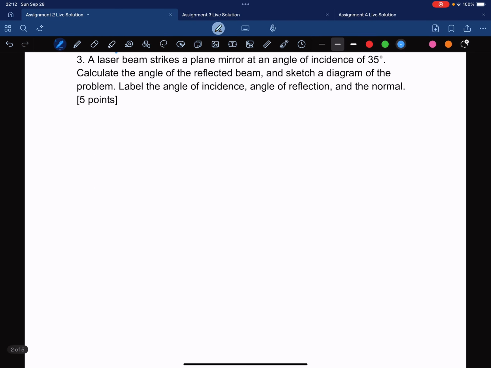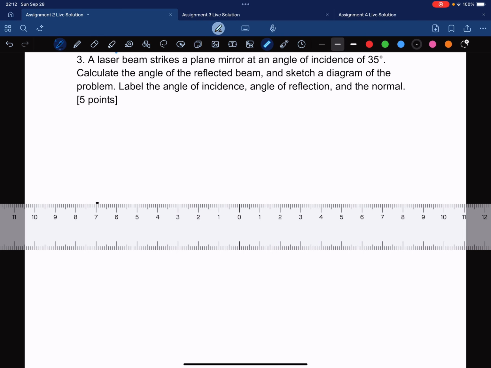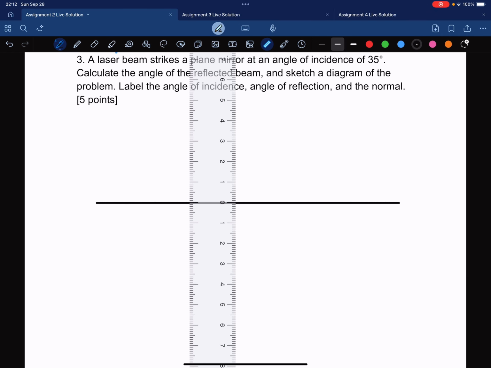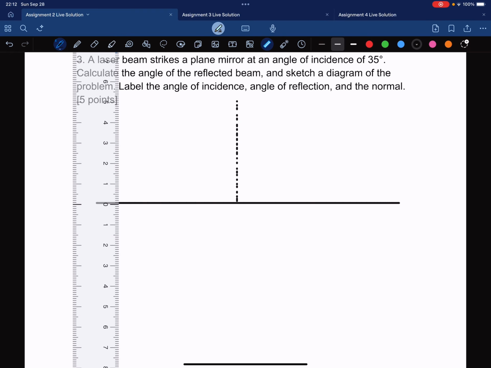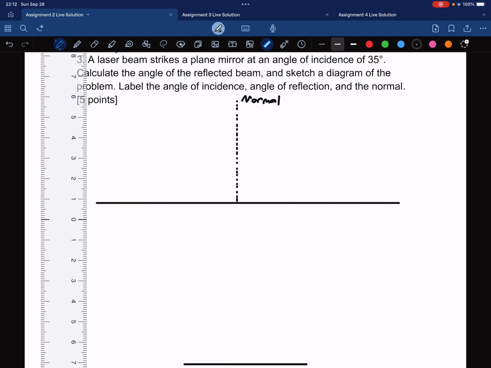Number 3 here. A laser beam strikes a plane mirror at an angle of incidence of 35 degrees. Calculate the angle of the reflected beam and sketch a diagram of the problem. I'm going to sketch my diagram first. This here is the normal that I've drawn. This here is the mirror.